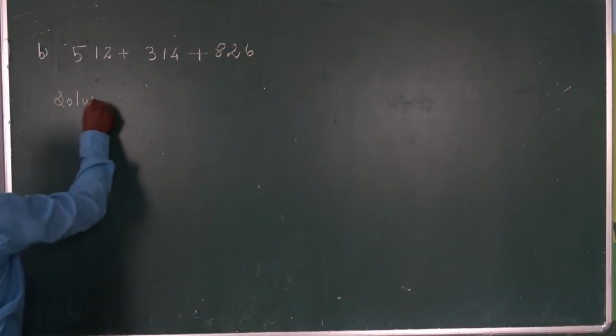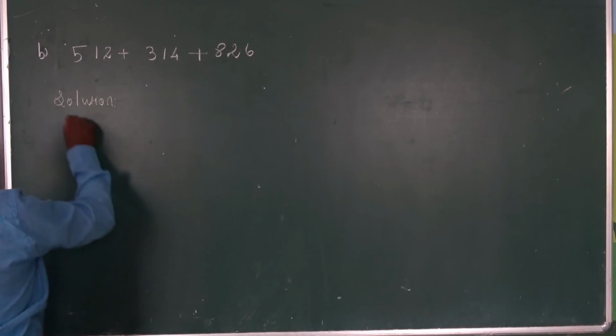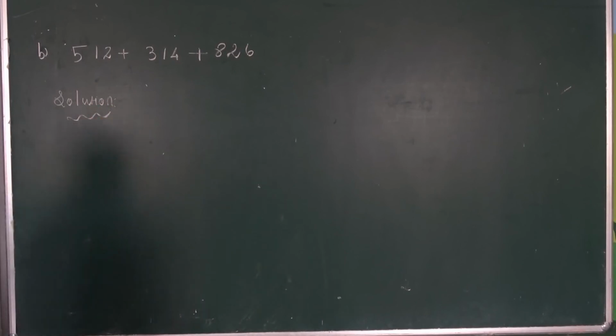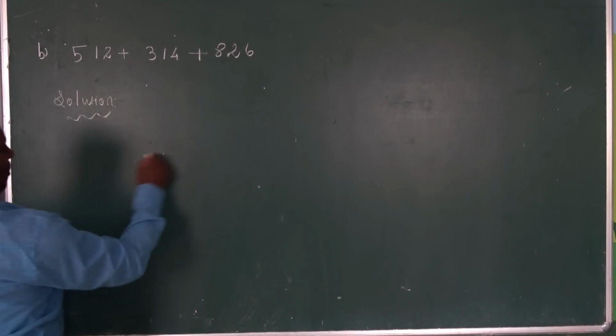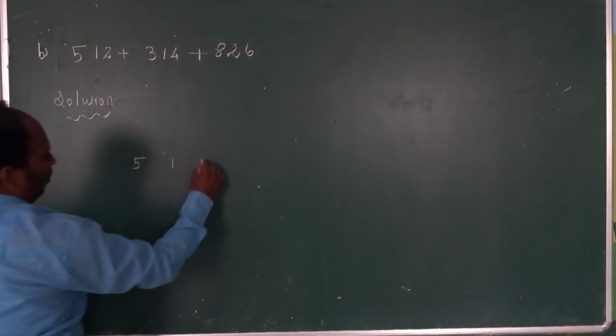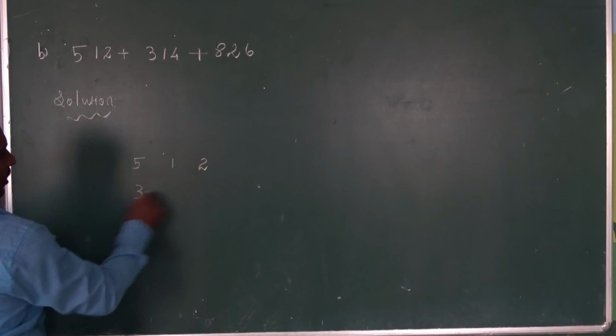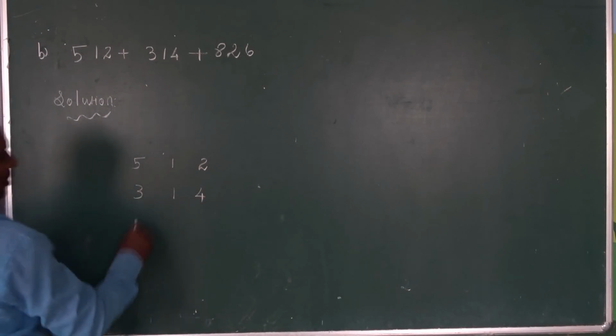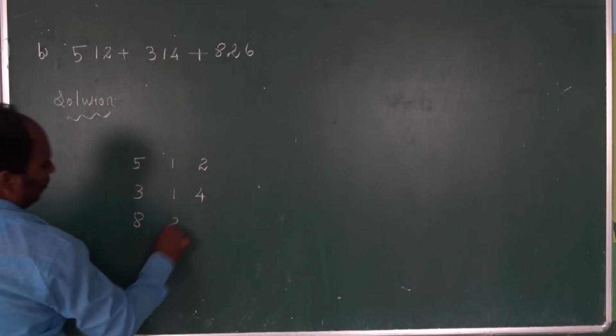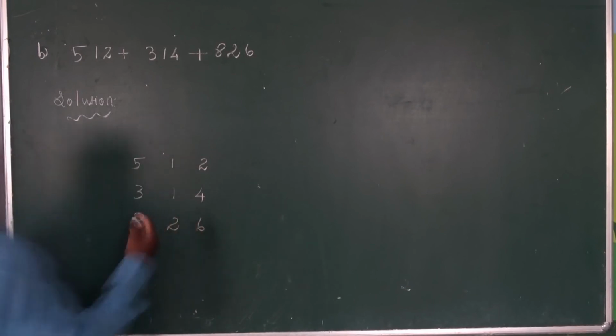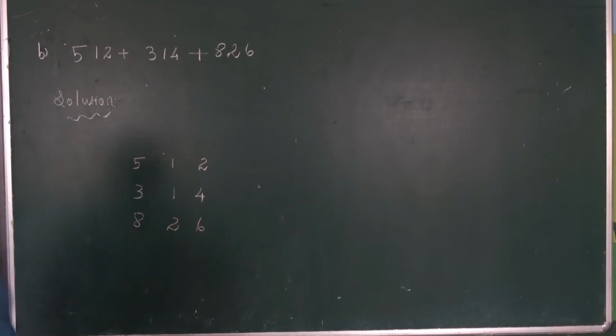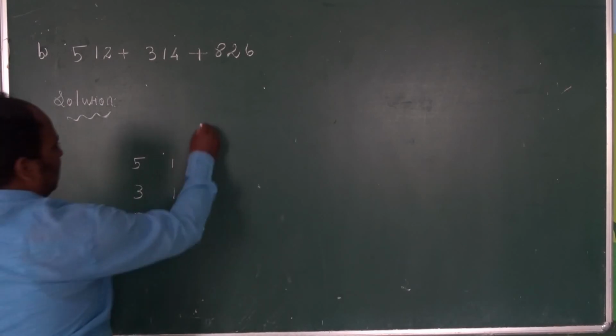Solution: first we arrange the numbers column wise. 512, 314, the next one 826.